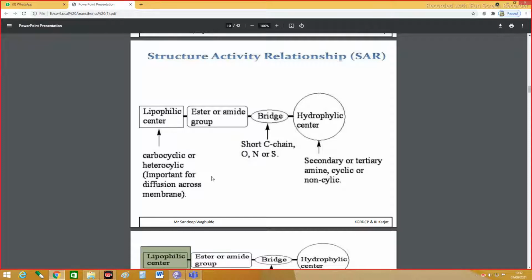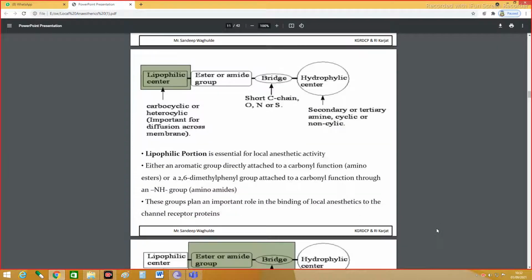And then we have a hydrophilic center. It should have a secondary or tertiary amine and a cyclic or non-cyclic group. Most of the time, it should have a long side chain. Now, one by one, we'll see the SAR points of these local anesthetics.